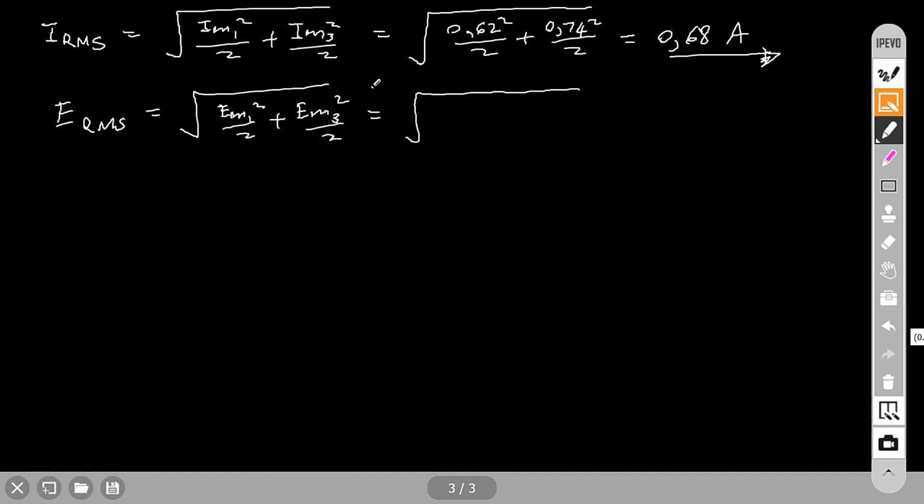So this is 250 squared over 2 plus 150 squared over 2, which will be equal to 206.16 volts. So yeah, guys, this is where question 2 ends.